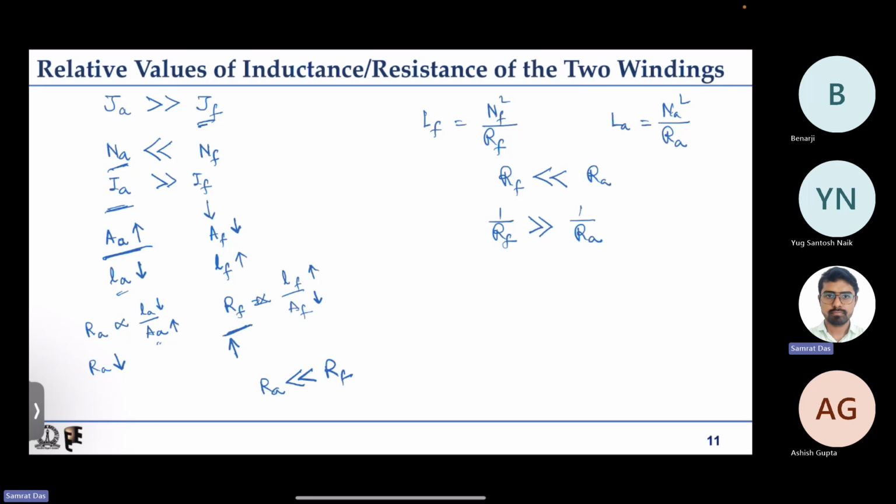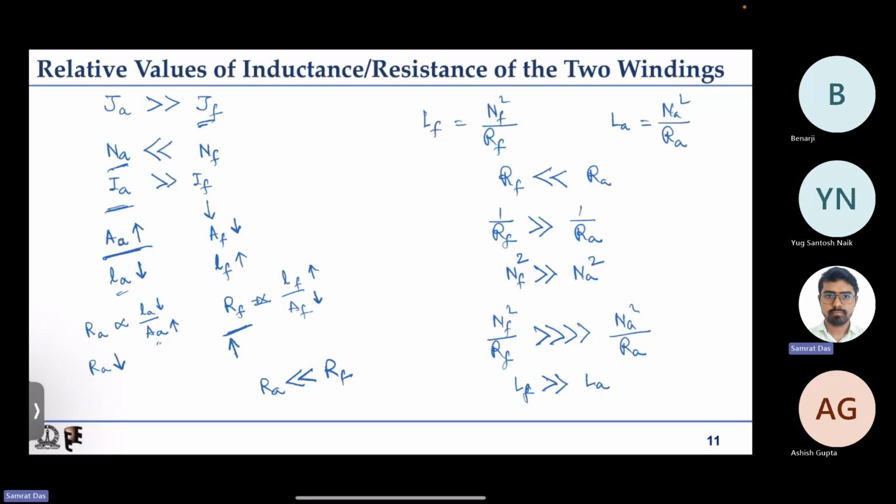Additionally, Nf is also very, very high compared to Na, so Nf squared is very, very high compared to Na squared. If we multiply these two, Nf squared divided by Rf will be very, very high compared to Na squared divided by Ra. So the field winding inductance will be very high compared to the armature winding inductance.